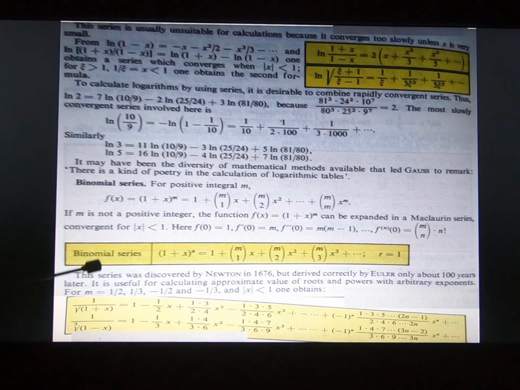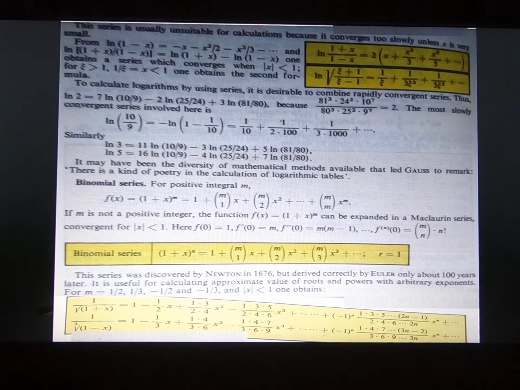And you can also use Taylor expansion to represent the binomial theorem. In the binomial theorem, if m is not a positive integer, then you can expand this way.